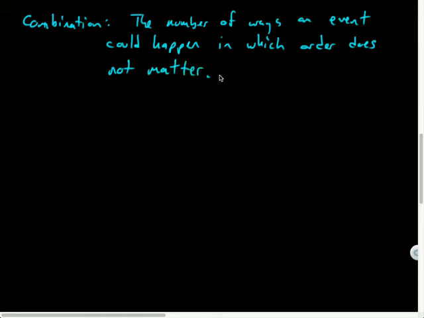So that's the key difference between permutations and combinations. Permutations, order mattered. Combinations, they do not.